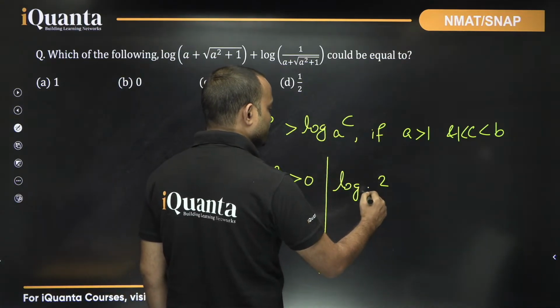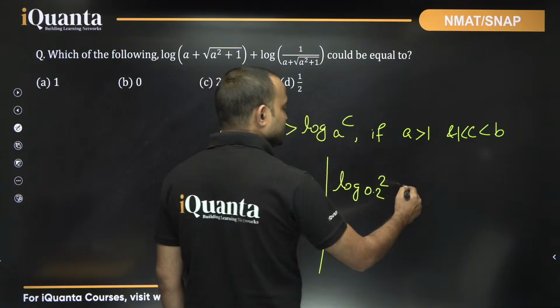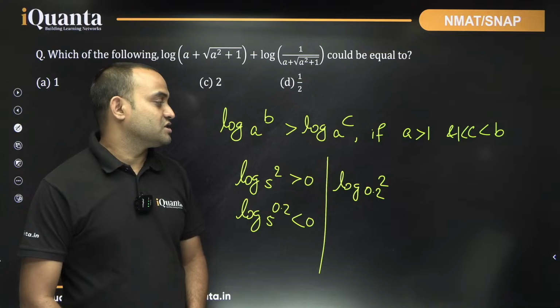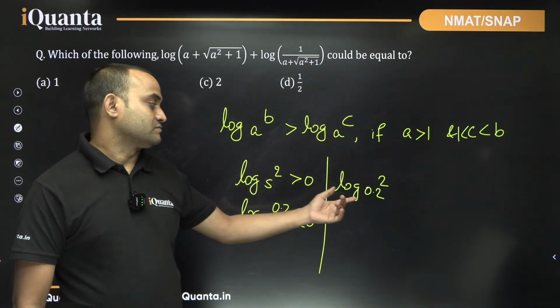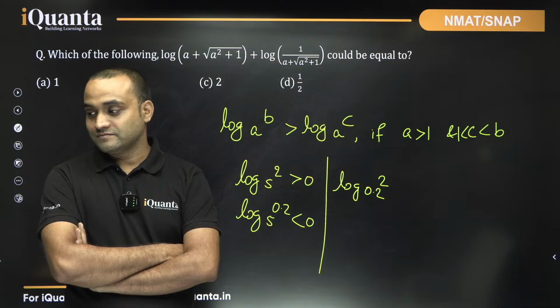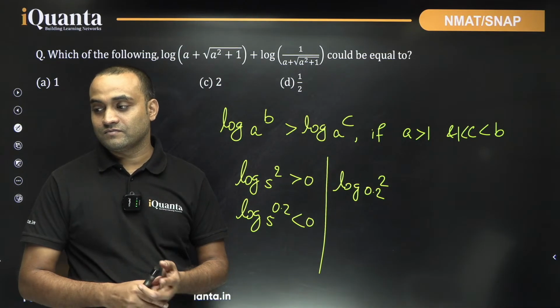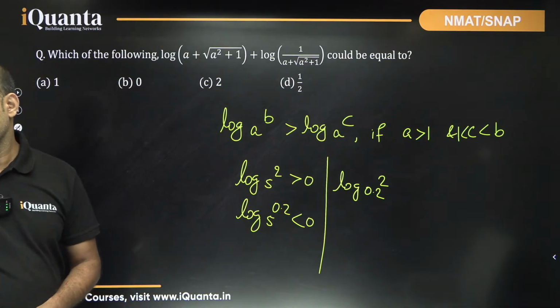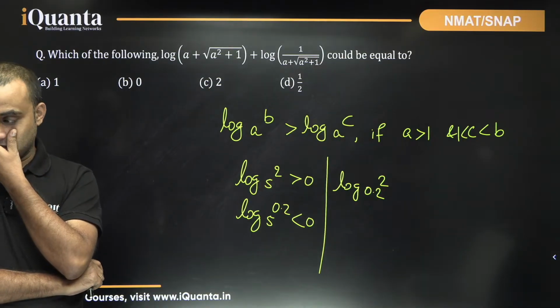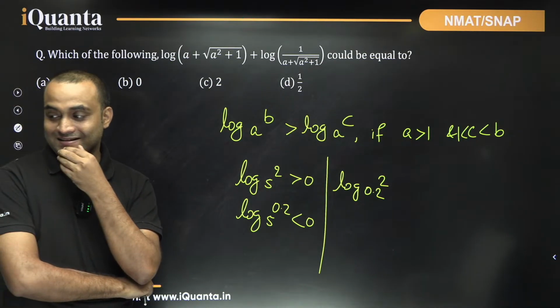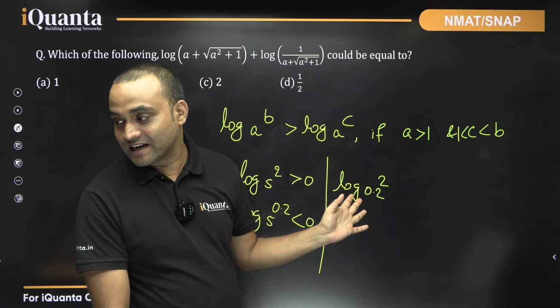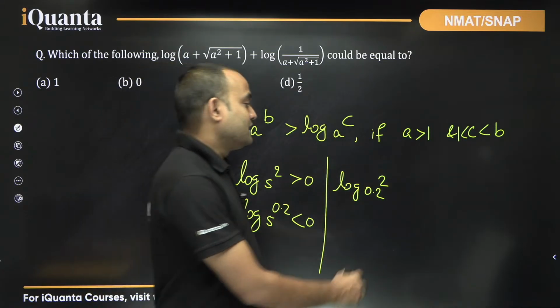Log 2 to the base 0.2, will it be positive or negative? Tell me this. Guys, it will be negative.